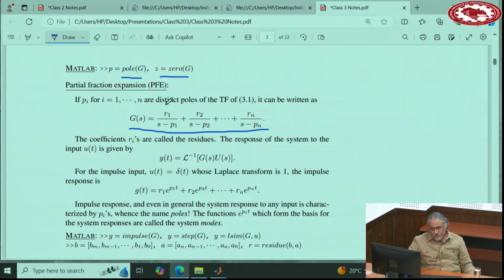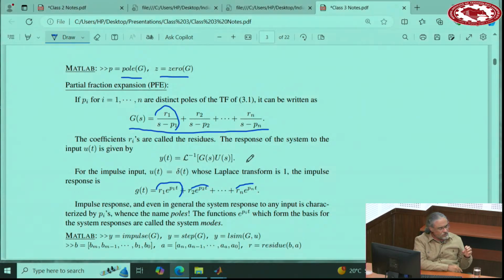Now take the inverse Laplace transform. Each one of them gives you an exponential function. And here basically tells you why we call them poles. Because the response of this system, the natural response of the system in the time domain, has n components.